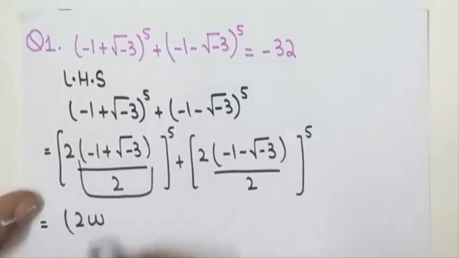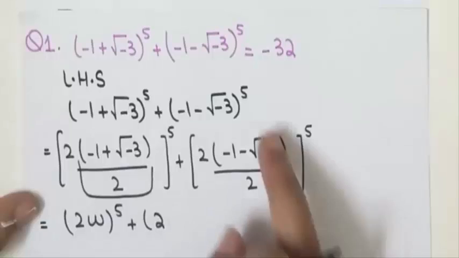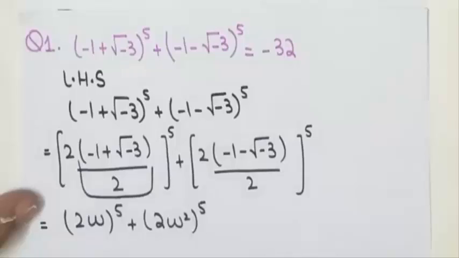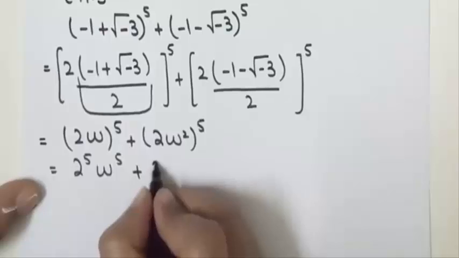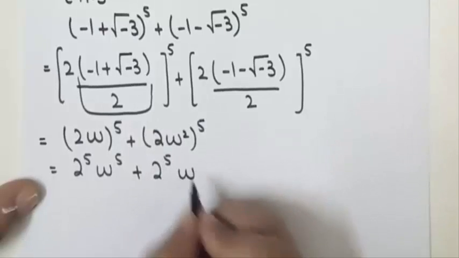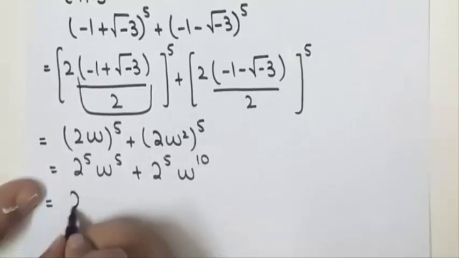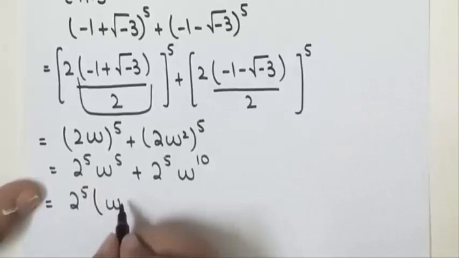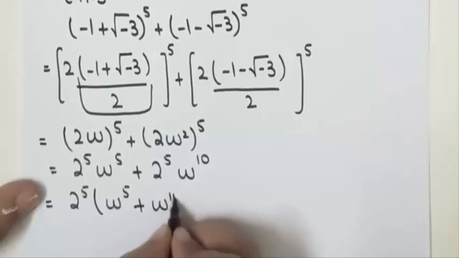This 2 will be written as it is, and we have raised to power 5 plus 2 raised to power 5 and omega raised to power 2 into 5, which means 10. So 2 raised to power 5 will be taken common, and we have omega raised to power 5 plus omega raised to power 10.